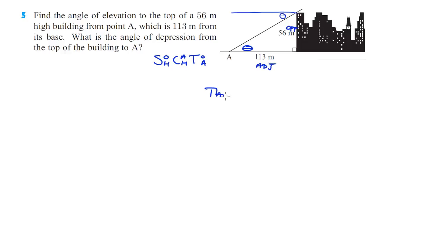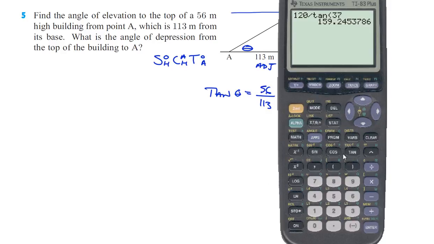So tangent of theta equals opposite, which is 56, over adjacent, which is 113. Again, we're looking for an angle, so it's second tangent, and we do 56 divided by 113. We get 26.36, so I'm going to go with 26.4.